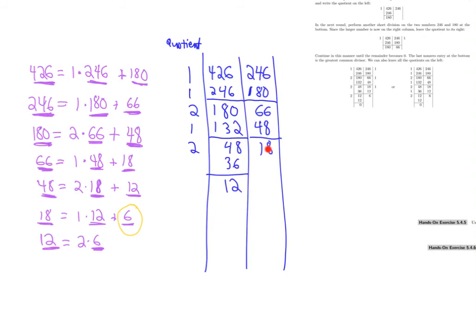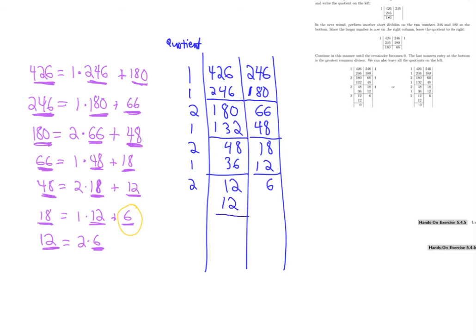Now I have 18 and 12, which are the lingering remainders from two steps, one above the other. When I apply the division algorithm to 18 and 12, the quotient is 1. So I do 1 times 12, write it here, subtract, get a 6. And then these are the two lingering remainders. So I apply the division algorithm. My quotient is 2. I do 2 times 6, write it here.